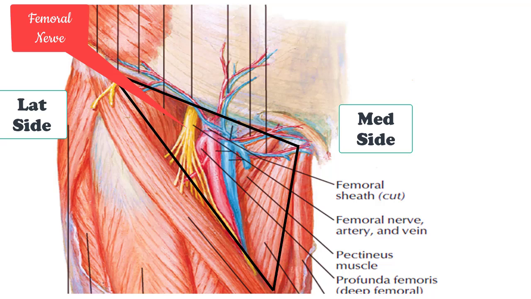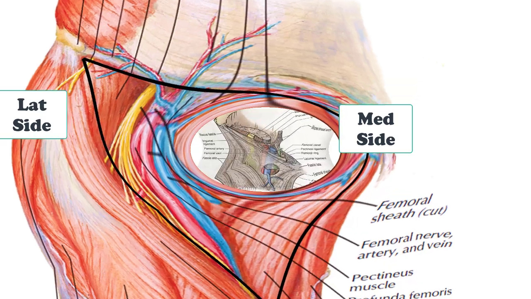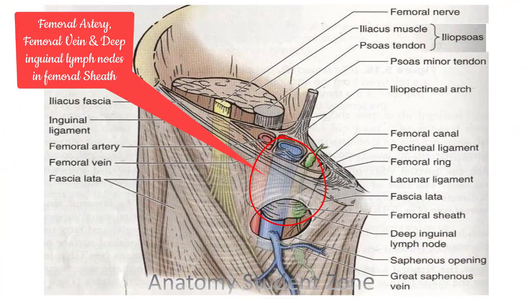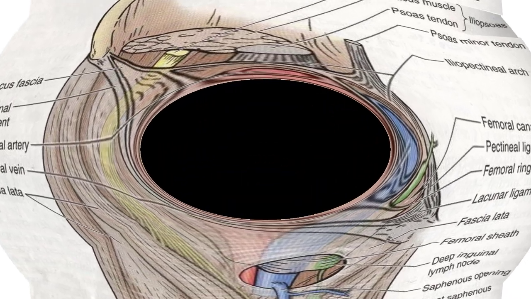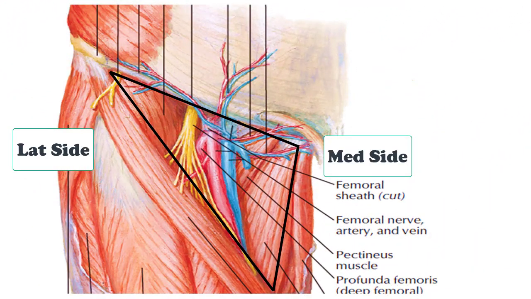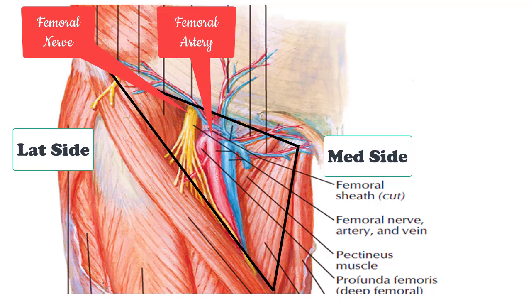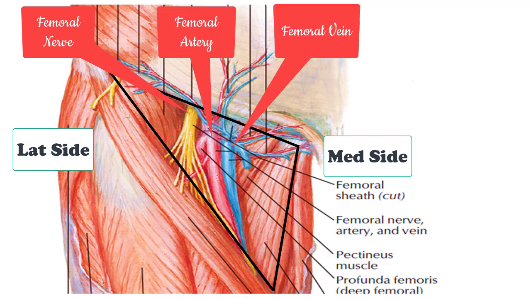The contents of the femoral sheath are the femoral artery, femoral vein and deep inguinal lymph node, and all these also form contents of the femoral triangle. I'm going to repeat that again. From lateral to medial, the contents of the femoral triangle are the femoral nerve, femoral artery and its branches, femoral vein and its proximal tributaries, which include the great saphenous vein and the profunda femoris vein, and the deep inguinal lymph node and its lymphatic vessels.